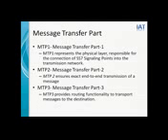MTP2 ensures exact end-to-end transmission of a message. For each frame, if there is any error, MTP2 will be responsible for resending the frame. MTP3 provides the routing functionality to transport the message to the destination.